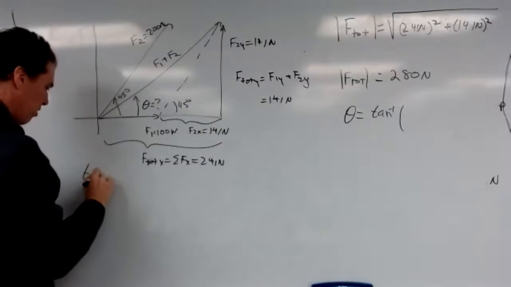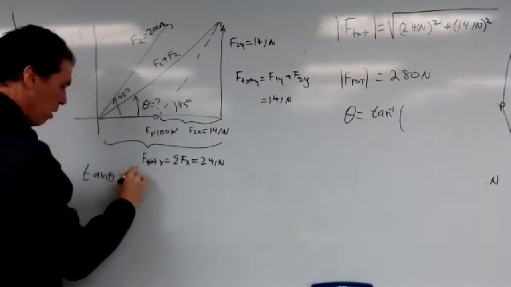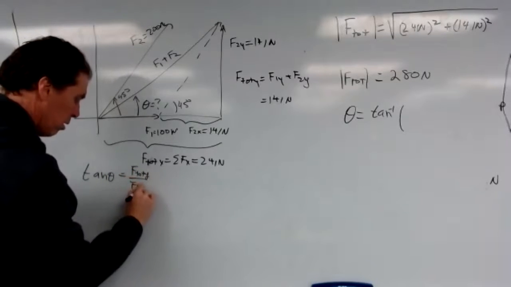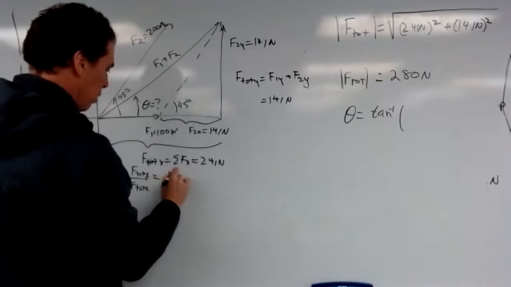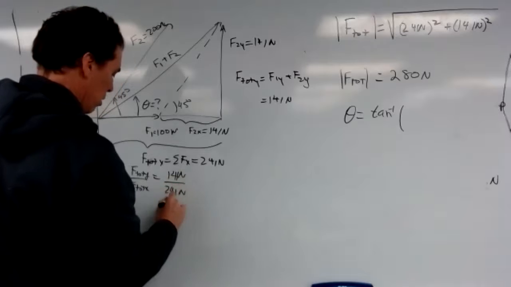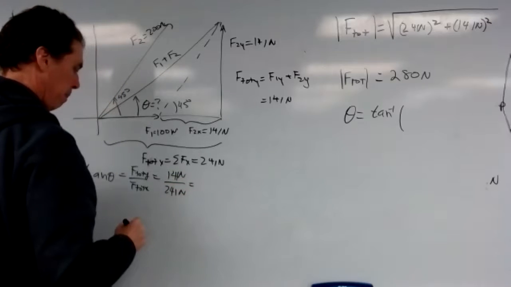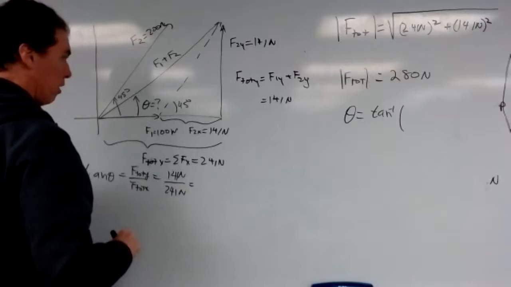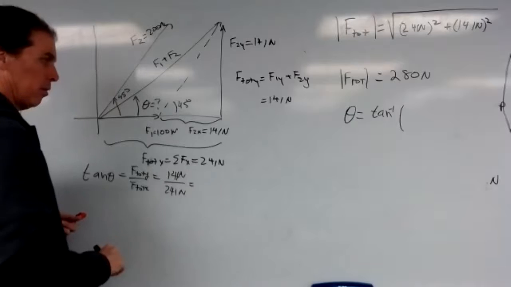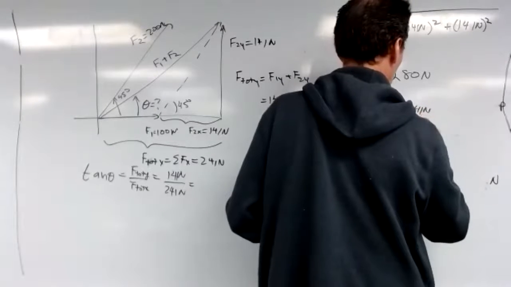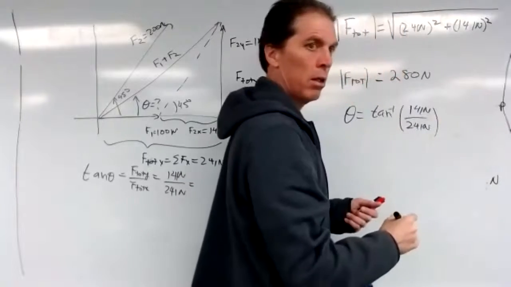And so I can say tan theta, if I want, is equal to f tot y over f tot x, which is 141 newtons over 241 newtons. If I was going to take a wild stab at that, I'd say 30 degrees. What did you get? Did you calculate 30 degrees?